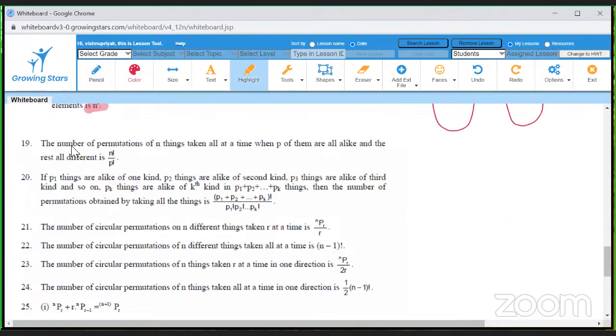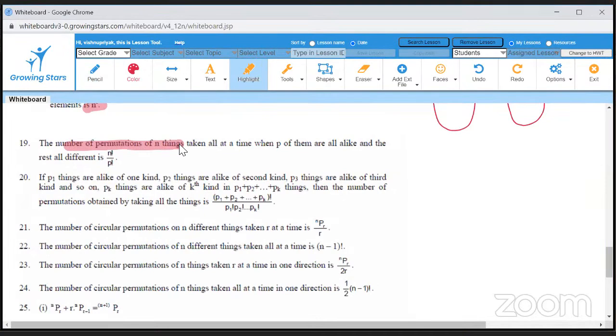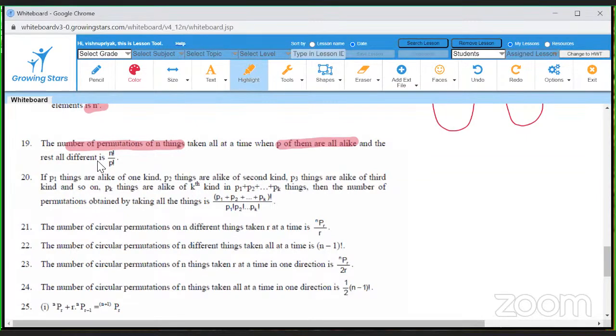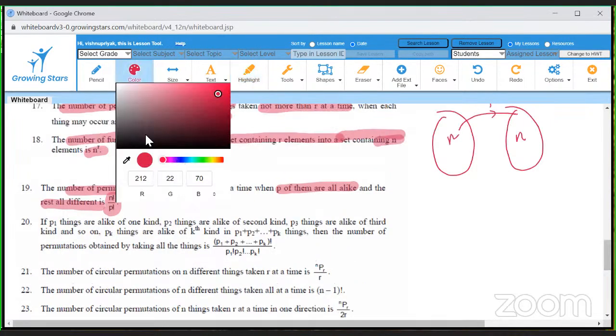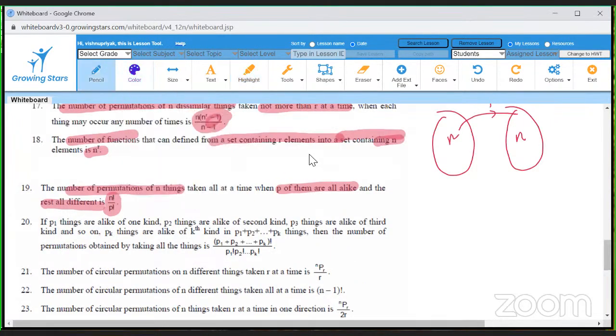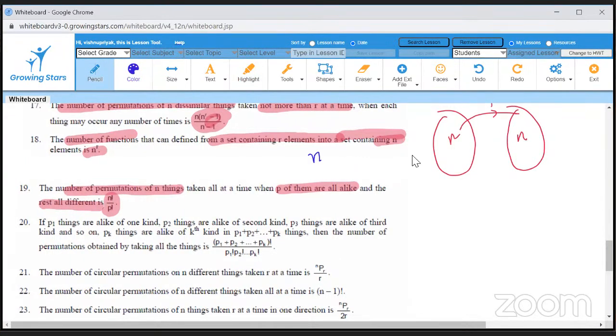The number of permutations of n things taken all when p of them are alike and the rest all are different is n factorial by p factorial. Till now, whatever permutations we were talking about, n different things were there, r different things.